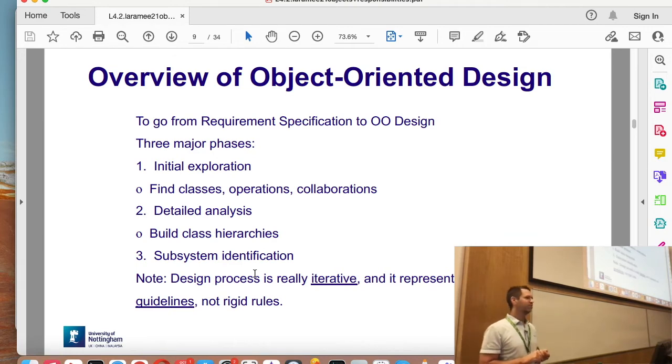And then we have a subsystem definition, where we try to put related objects and their responsibilities all together in a system. You can think of that as a package in Java. That's the overview, and it's an iterative process. So once you've got your subsystem identification, you might have to go back to the object definition phase, make some changes, and then repeat the process forever.